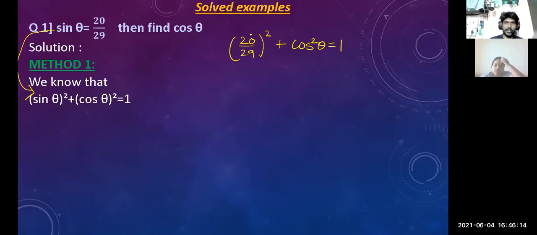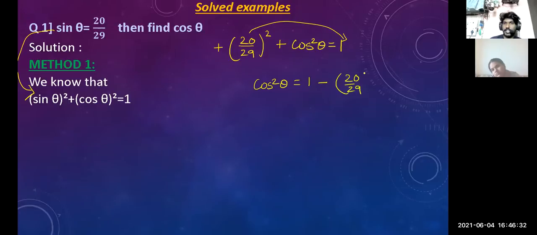Yes, you have to do it. What you do first is you just take this on the other side. So this would become cos square theta is equal to 1. Now this on the left-hand side is positive. When it goes on the other side, it will become negative. It will become minus 20 upon 29, the whole square.